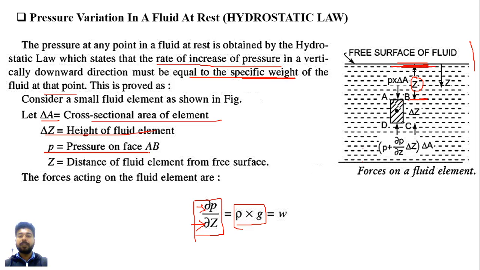So P is the pressure on side AB, and Z is the distance of the fluid element from the free surface. These are all the simple nomenclature of this fluid element. So let's start our derivation.